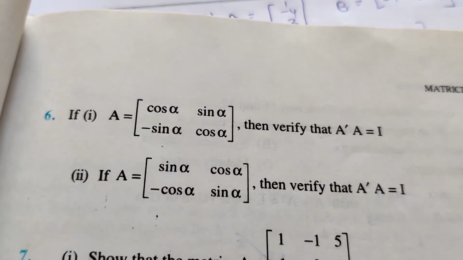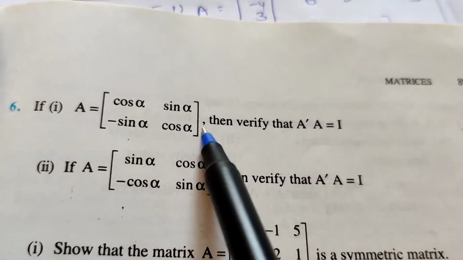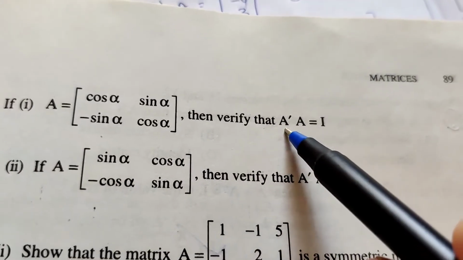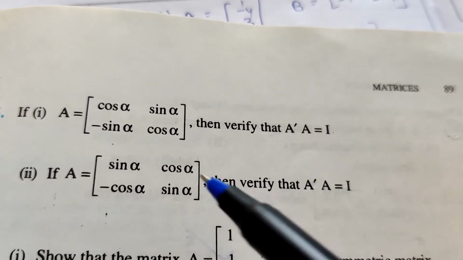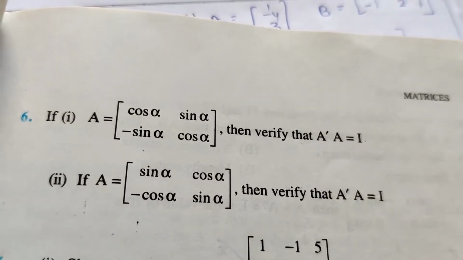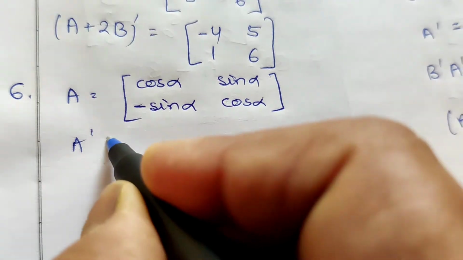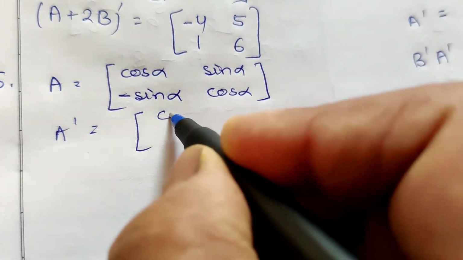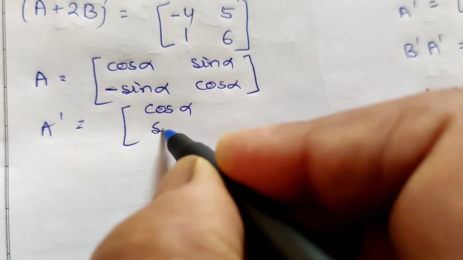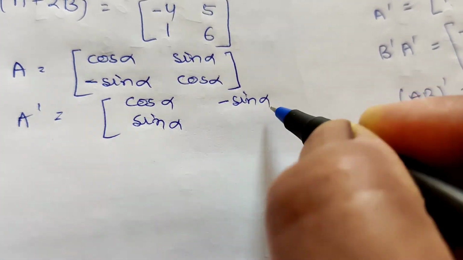Question number 6 is, if A equals cos alpha, sin alpha, minus sin alpha, cos alpha, then verify that transpose of A into A is equal to I in both cases. A equals this, and the transpose of A is cos alpha, sin alpha, and minus sin alpha, cos alpha.